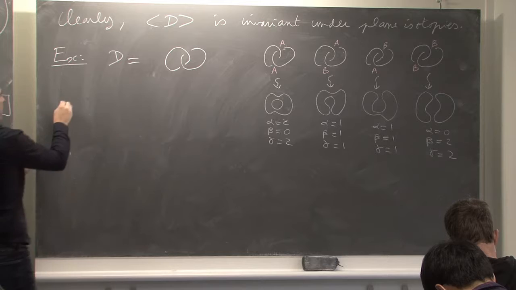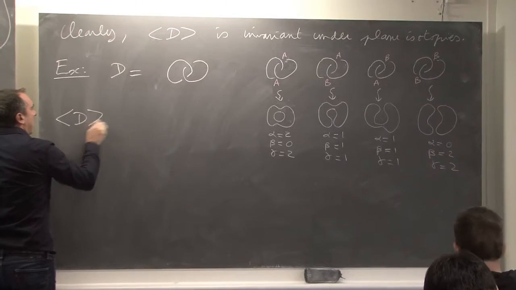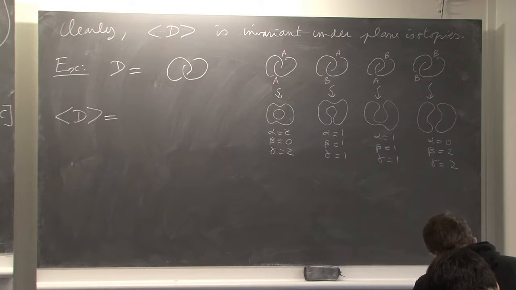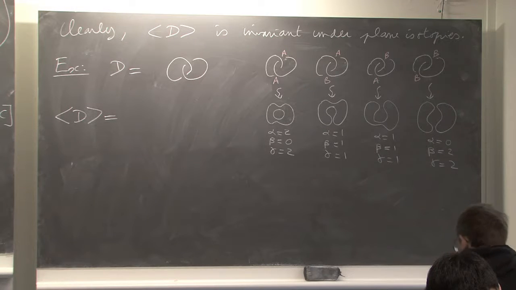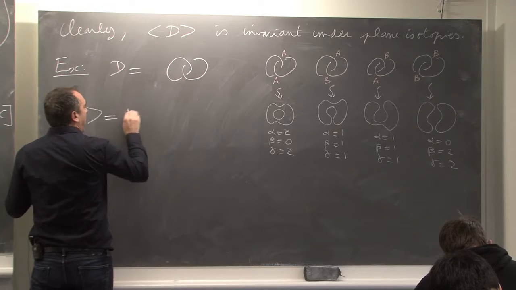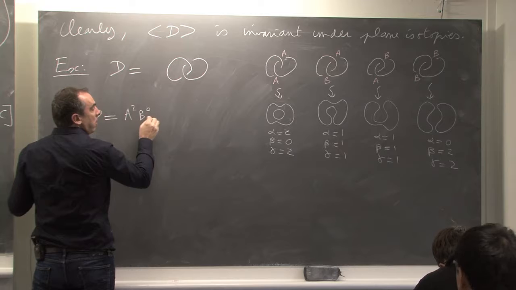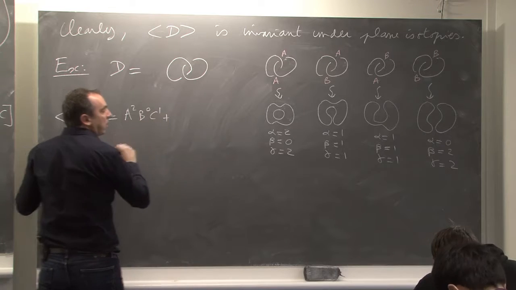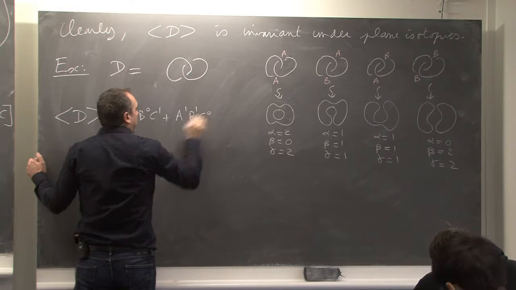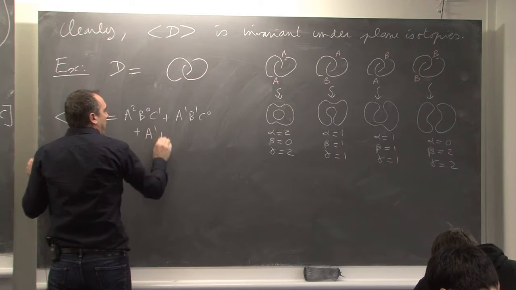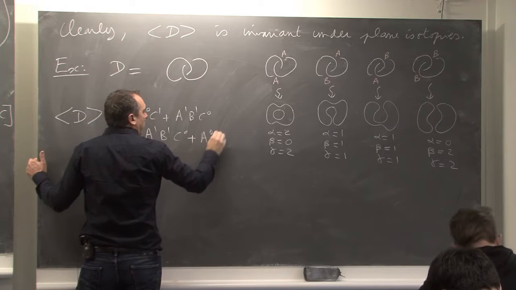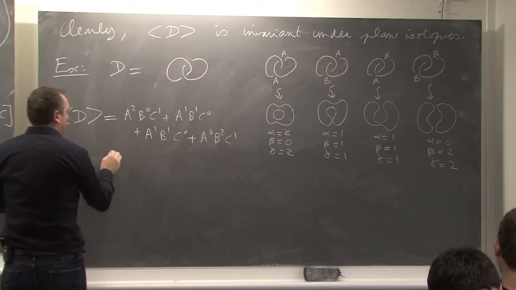And then what you obtain, this bracket of D, is a^2 b^0 c^1 plus a^1 b^1 c^0 plus a^1 b^1 c^0 plus a^0 b^2 c^1.